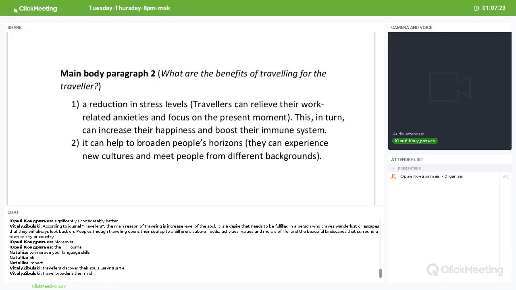Then, on top of that, it can help to broaden people's horizons. They can experience new cultures, meet people from different backgrounds. So these are the two advantages that I'm going to develop in my essay.